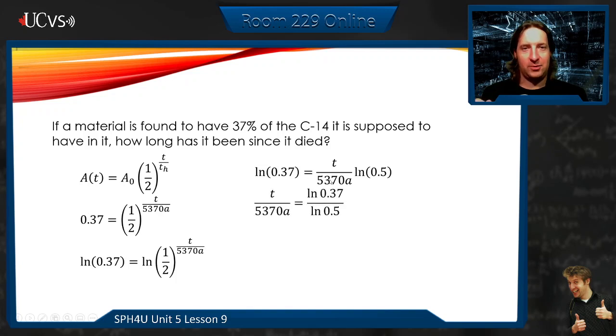And I can divide both sides, and I end up with 7,700 years. So we can use this very practically to calculate how much stuff is left, just due to the radioactive decay, because it's determined by a probabilistic thing.